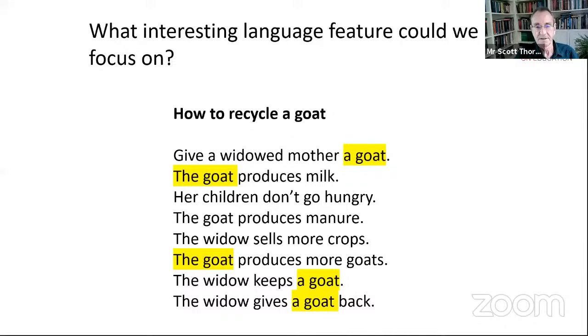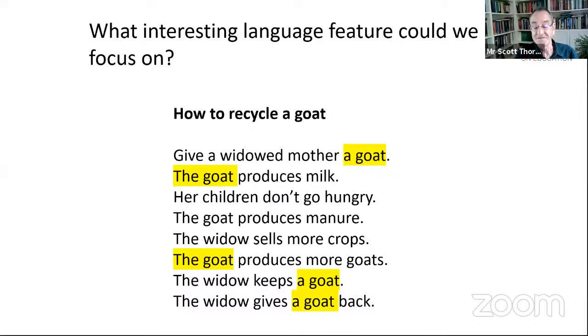Give a widowed mother a goat. What's the difference between a goat and the goat? It's not the first time, because look at the end. The goat, a goat. We go from the to a.